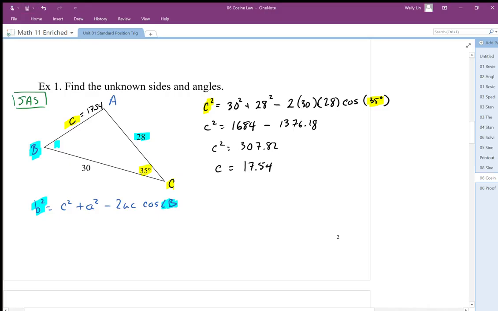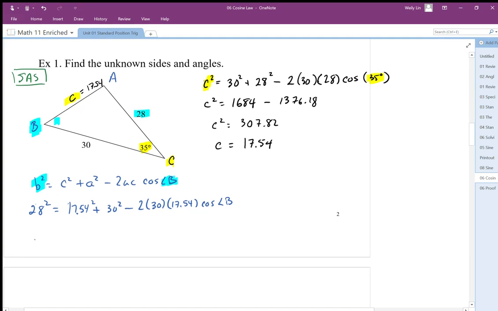So when I work this out, I get 28 squared is equal to C squared, which is 17.54 squared, plus A squared, which is 30 squared, minus 2 times 30 times 17.54 cosine of angle B. Notice that the only unknown in this expression is cosine of angle B. If I find the cosine of angle B, I can solve for angle B.